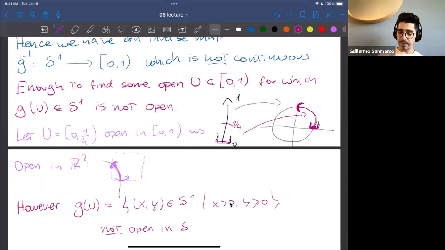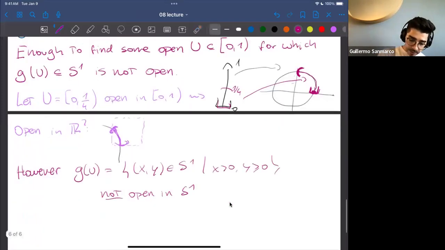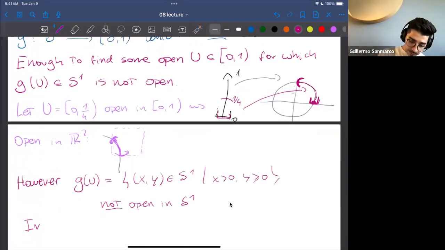And the idea why this is true is because the point (1, 0) is an element of G of U, but G of U is not a neighborhood.